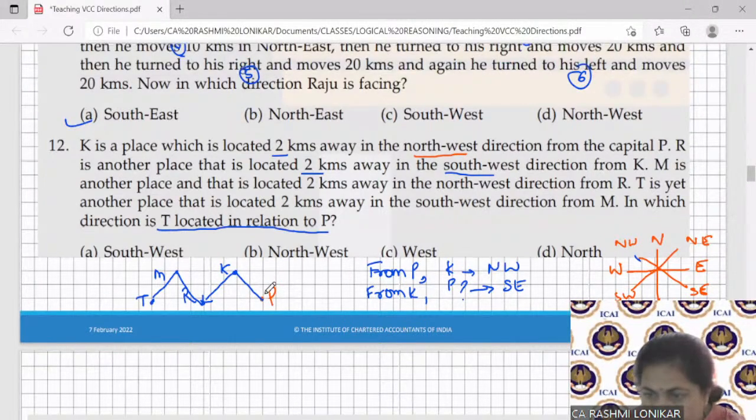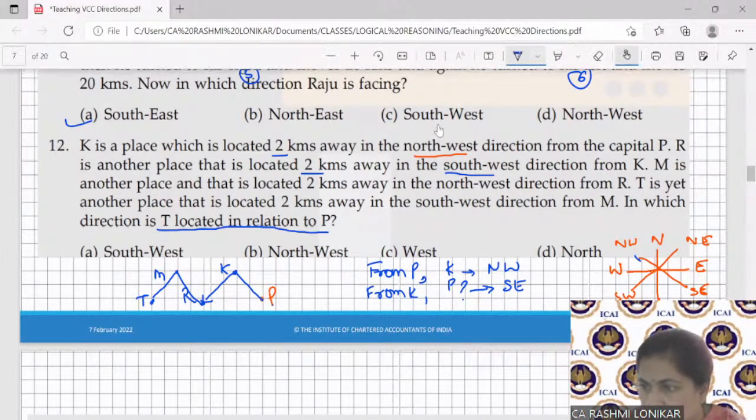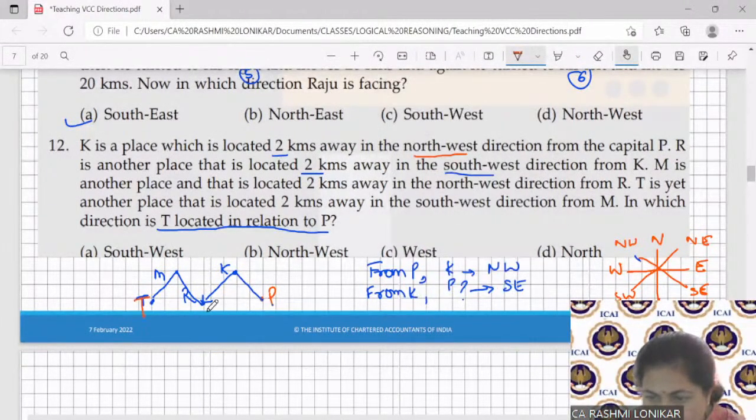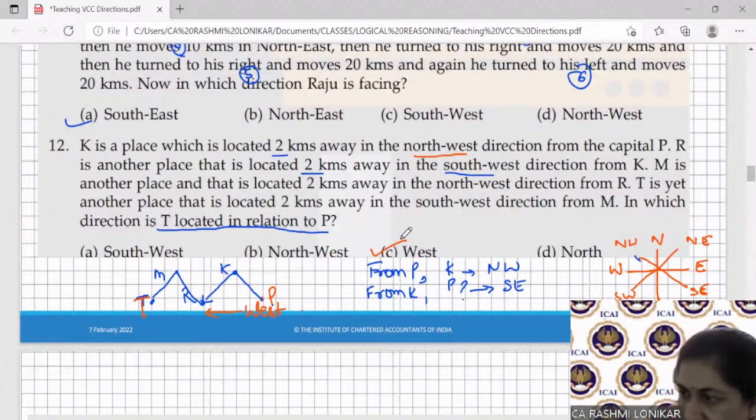This is my P and this is my T. From P to T, which is this direction? This is the west direction. So the answer is C, that is the west direction.